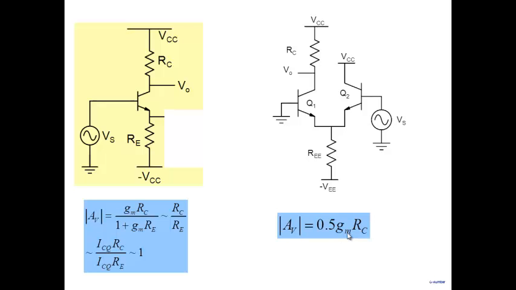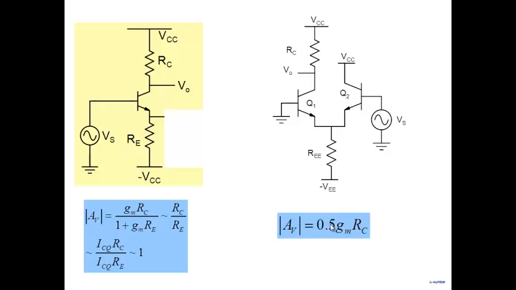Half GMRC. Which means I lose gain. As you can see here, if I had bypassed it, I would have gotten gain, which is GMRC. Here, I'm not using any coupling capacitors or bypass capacitors at all, and I get gain AV of 0.5 GMRC.